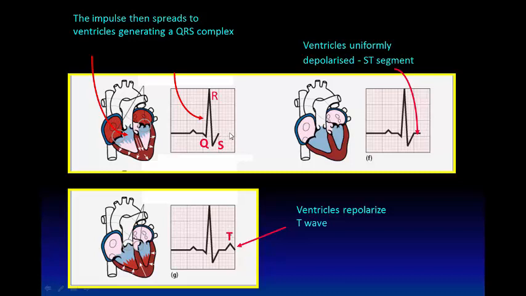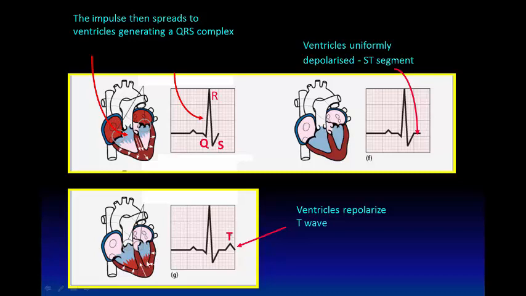Then after the ventricles finish with depolarization, the ventricles begin to repolarize. Repolarization of the ventricles proceeds in an opposite direction to depolarization. In other words, repolarization moves from the outer surface to the inner surface, from the epicardial to the endocardial surface of the ventricles.